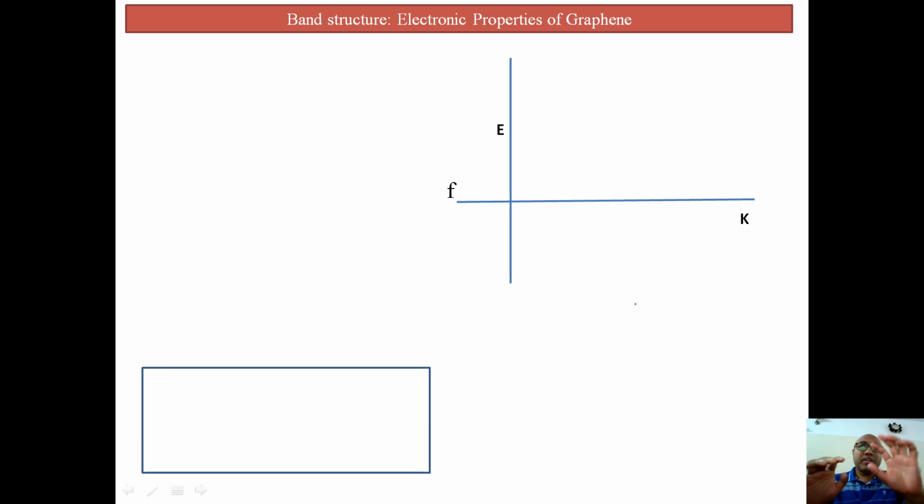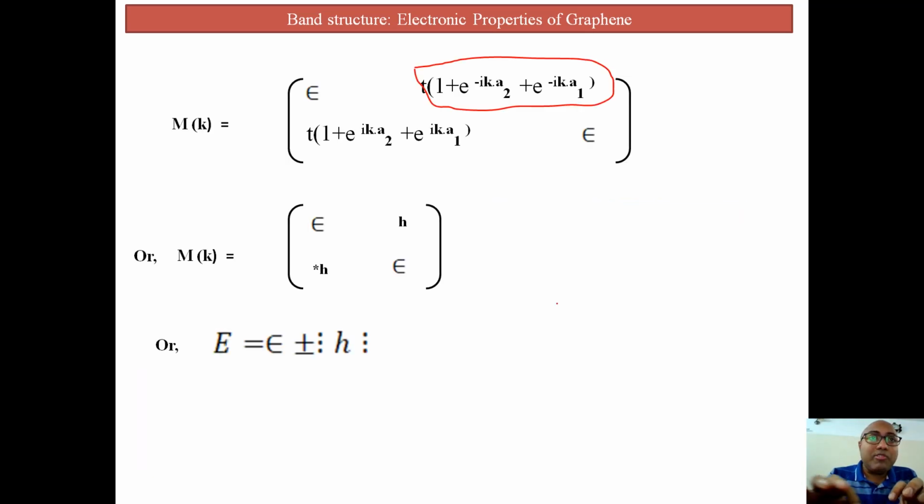When you go back and see epsilon plus minus H, it means epsilon plus H is one component and epsilon minus H is another component. So you have one component, which is epsilon plus, and similarly another component, epsilon minus H. That will always appear in double, right?